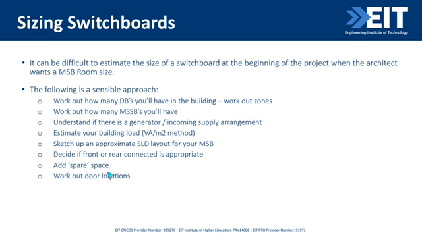You might want some spare circuit breakers so that you can expand in the future. And once you've got all of that, you could work out where your doors could go on your switchboard layout. So there's a fair few steps to go through to come up with that single line diagram to then go back and be able to size your switchboard.